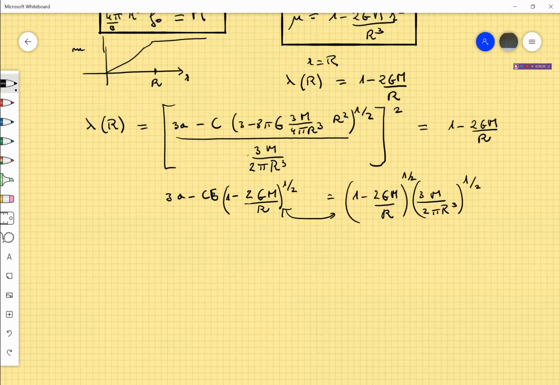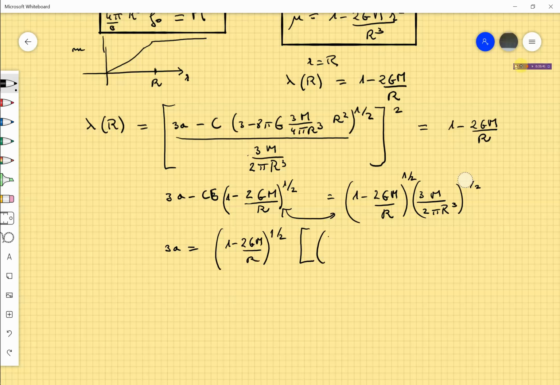So I take this to the other side and I get 1 minus 2GM divided by R. Sorry, I erased this power 1/2, but it was already squared.